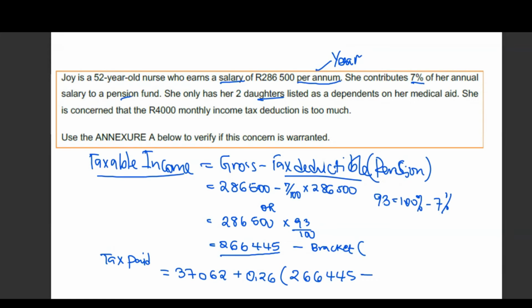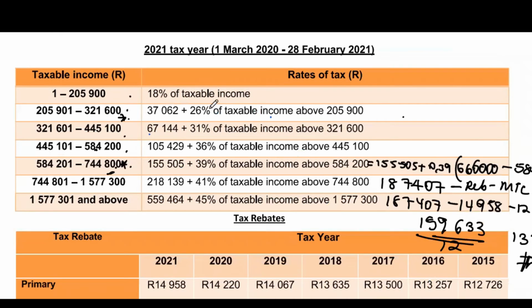Here we cannot multiply by 12. Why? Because the money is already per annum. So we come here, minus 205,900.